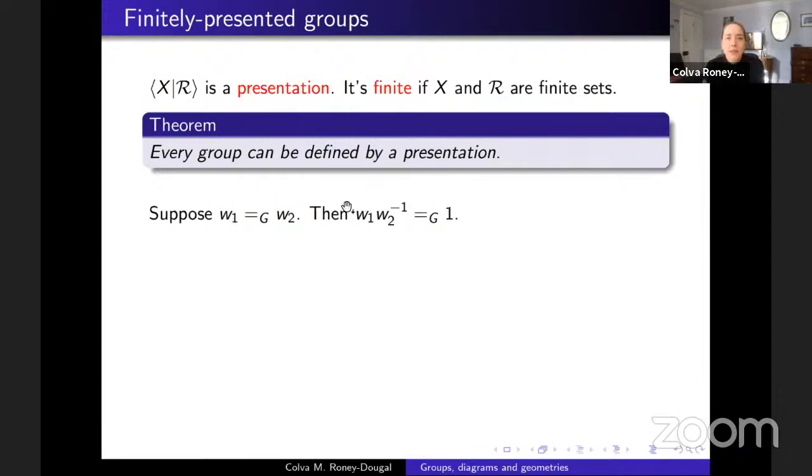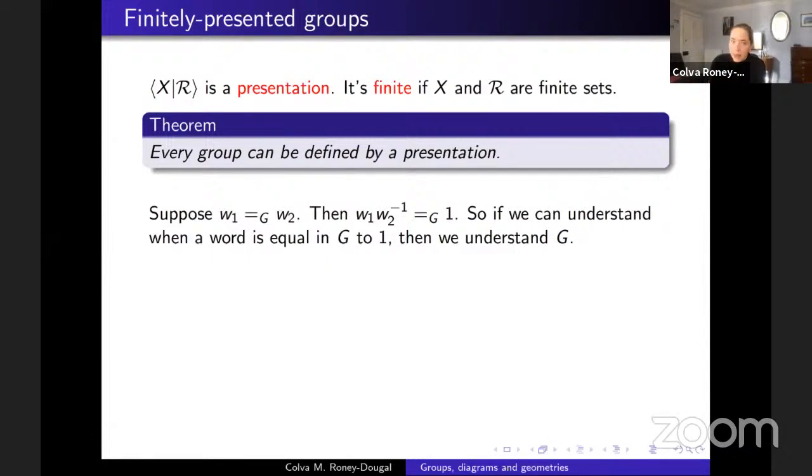So on this side, I'll wind up with W1 W2 inverse, and on this side, I'll wind up with W2 times its inverse, which is the identity. So if I can understand when something's equal to 1, so when it's equal in the group to the empty word, then I can understand when any two elements are equal.